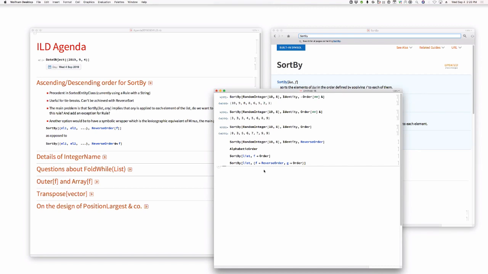Now, I don't think this is enough, because imagine that we are dealing with numerical order. Hold on. There's another form that we could have here. Yeah. We could also have F, G arrow reverse order. Right. But go on. What were you going to say about numerical sorting? Yes. So here we have order, canonical order, and reverse canonical order.